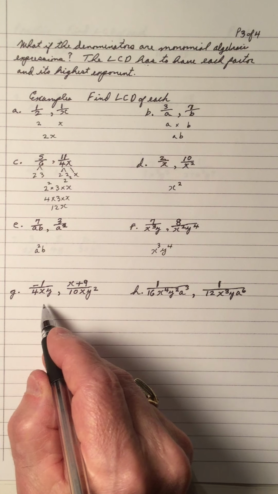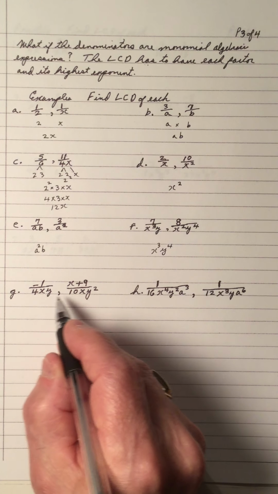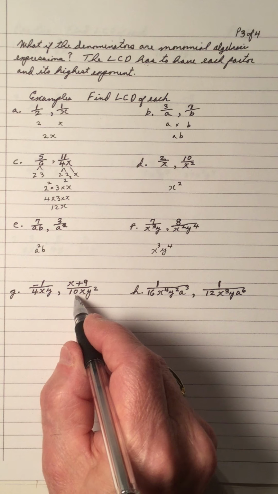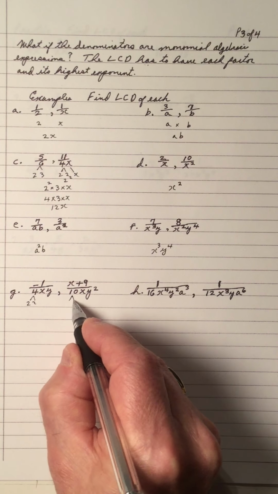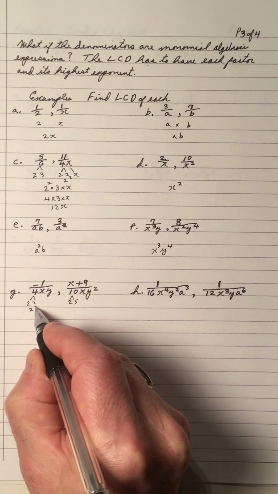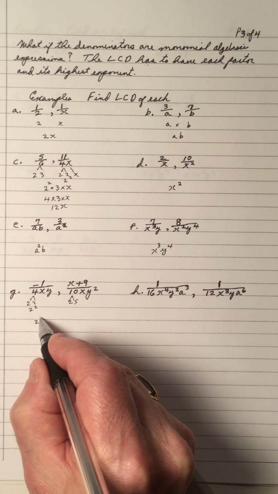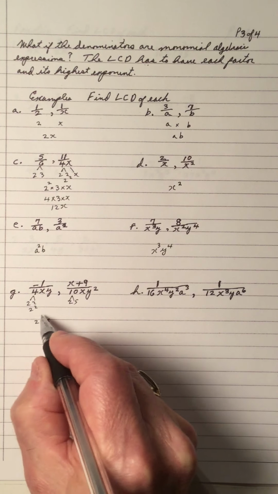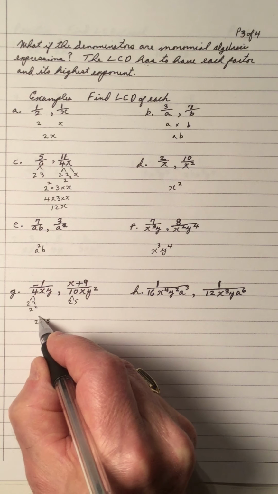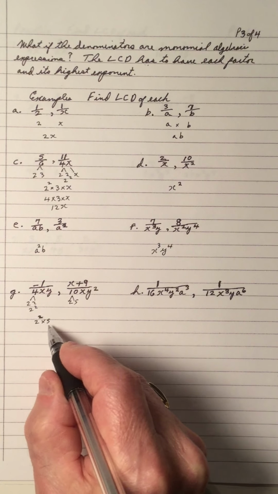And G, I have a 4 and a 10. If you look at the 4 and the 10, then you think of 20. So 4 is 2 times 2. 10 is 2 times 5. So that's 2 squared. So I have 2 times a 5. And the power of 2 is a 2 and a 1. So I get 2 squared times 5.